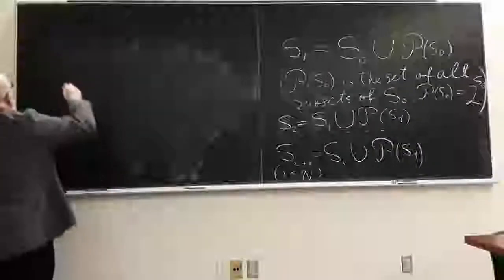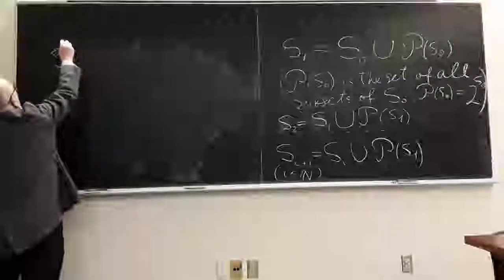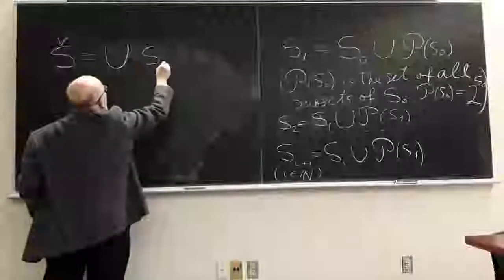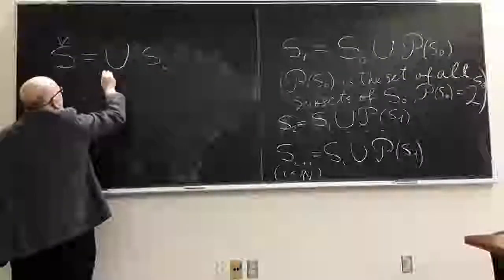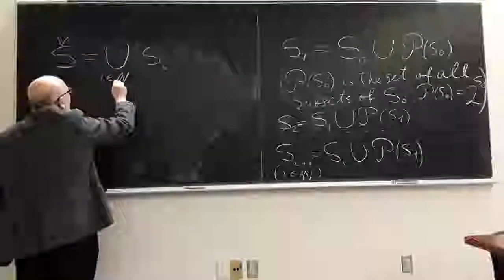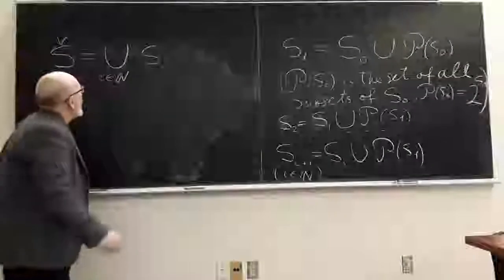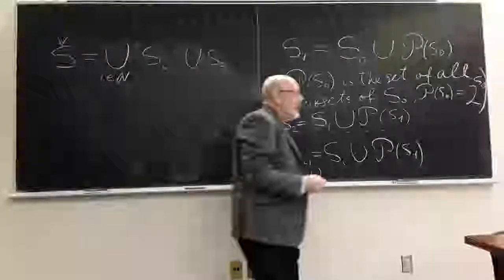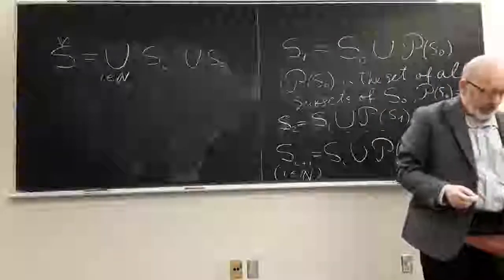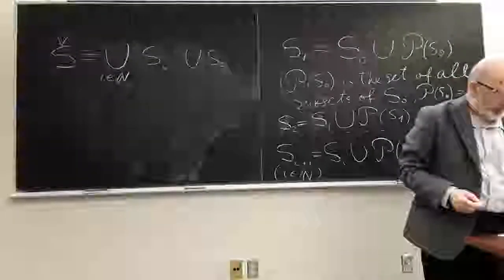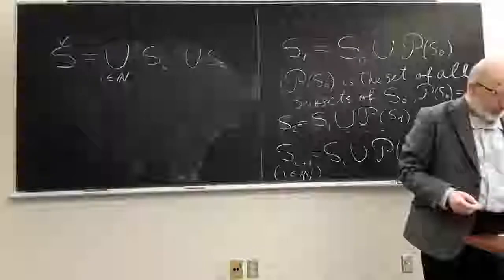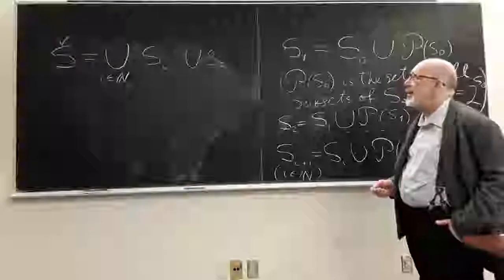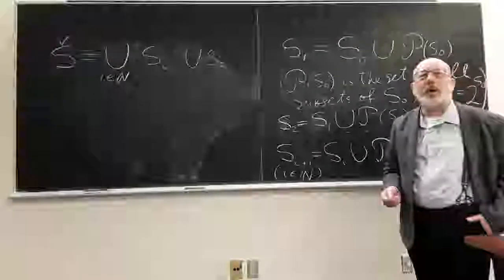And now let us define S, cup, equals union of Si, where i is in n, union S0 because n starts from 1. So this is the definition of superstructure.